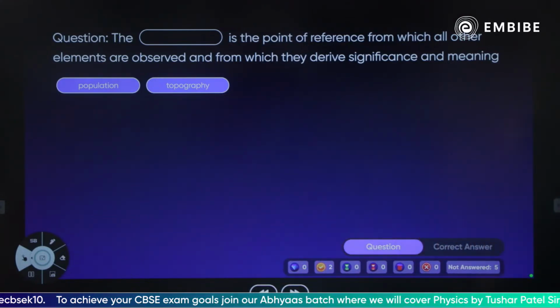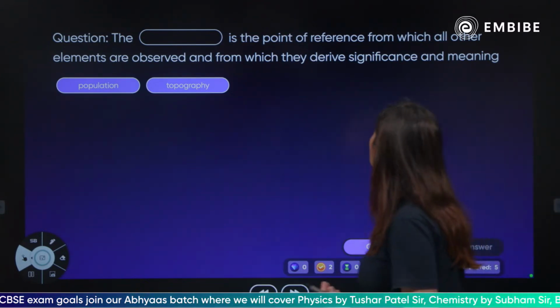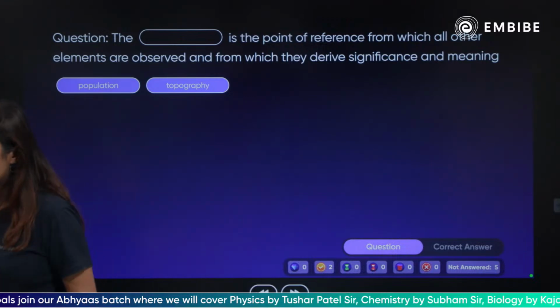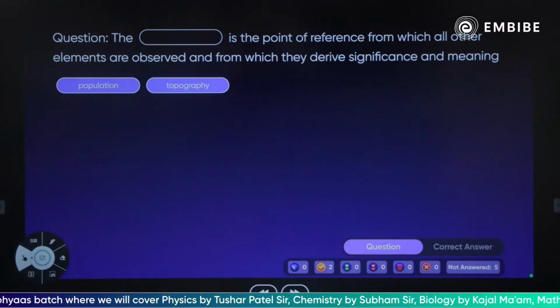The dash is the point of reference from which all the other elements are observed, and from which they derive their significance and meaning: population or topography.